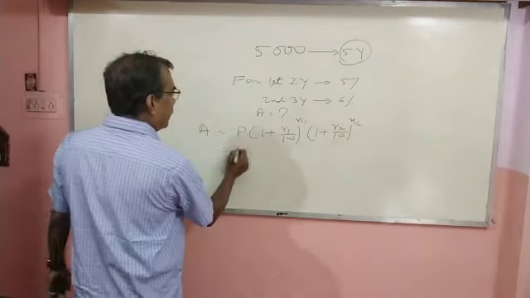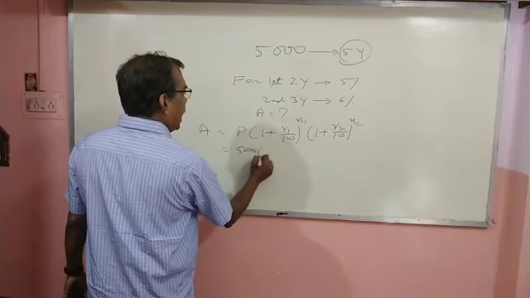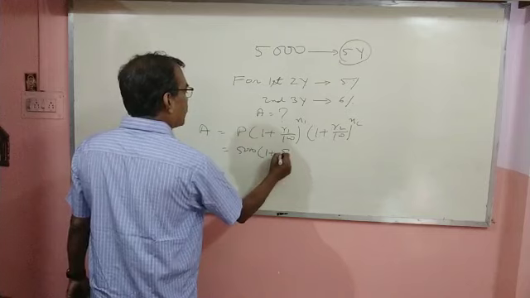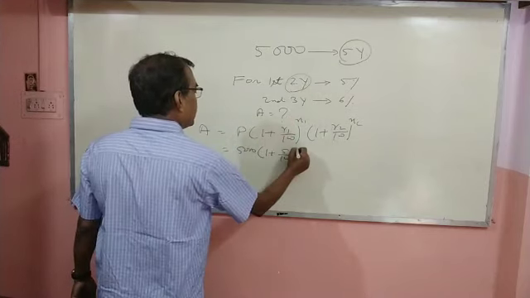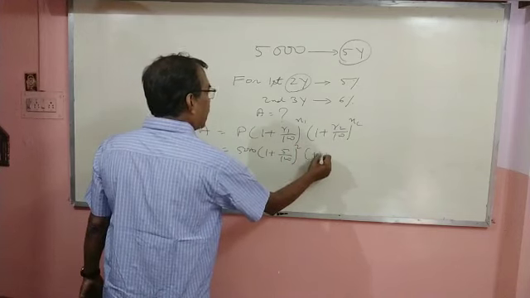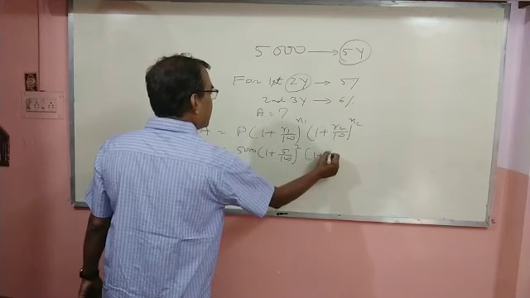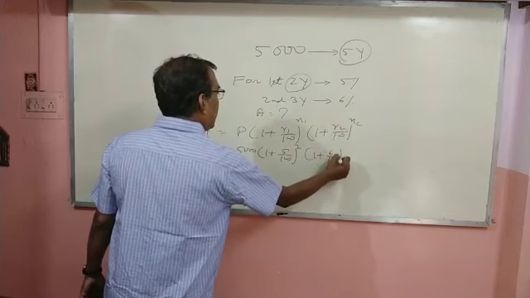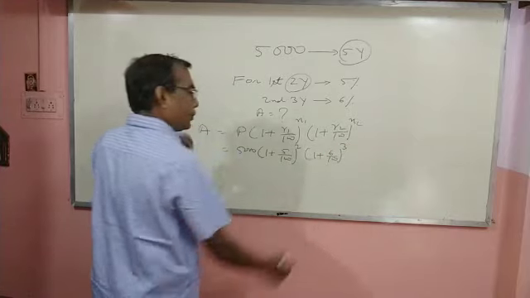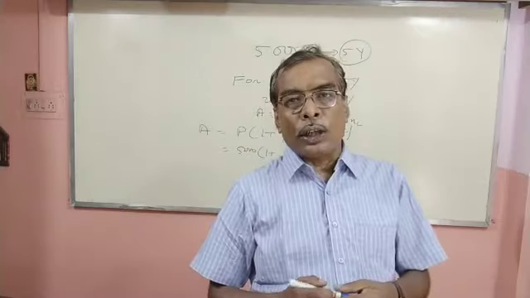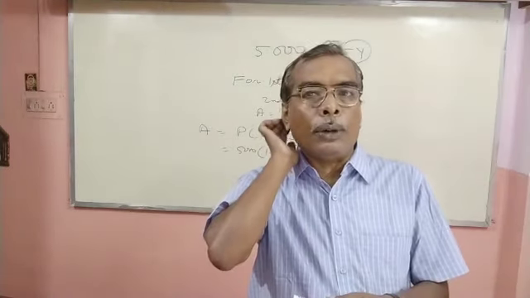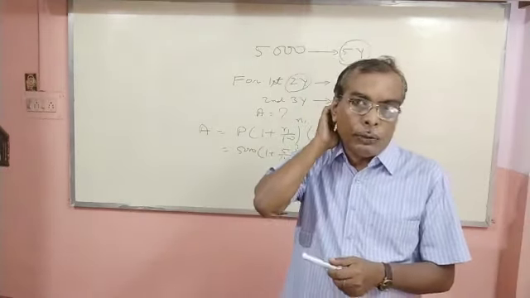P is 5,000 rupees, R1 is 5%, and N1 is the first 2 years. This is N1 into (1 plus R2), R2 is 6%, whole power for 3 years. Now, if you do the calculations, you will get the total amount. This much amount the bank will charge me.